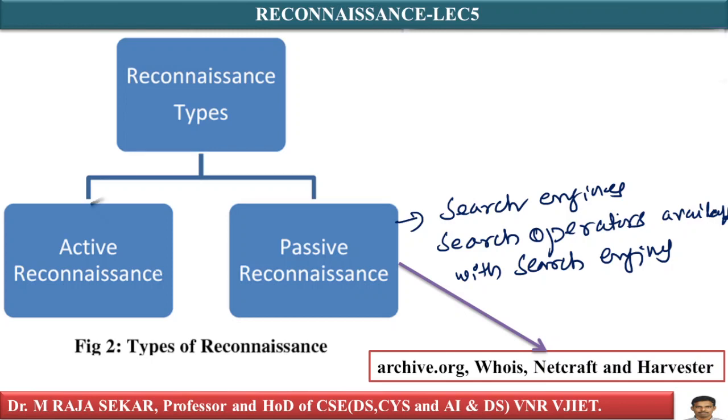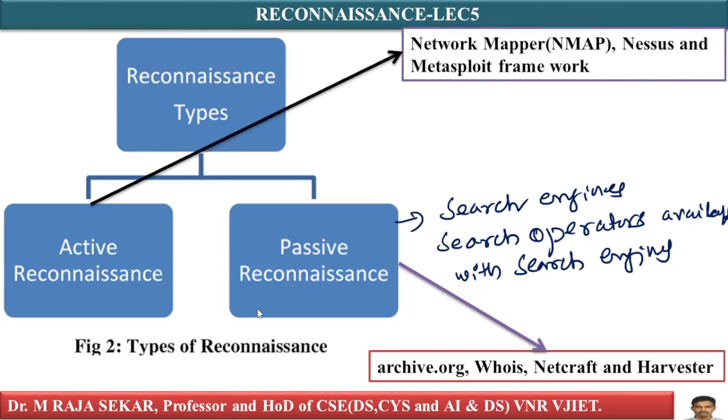What about active reconnaissance? This active reconnaissance can be carried out by using network map or Nmap, Nessus, Metasploit framework. You can also use mail tracker. There is something like mail tracker. I will discuss this.